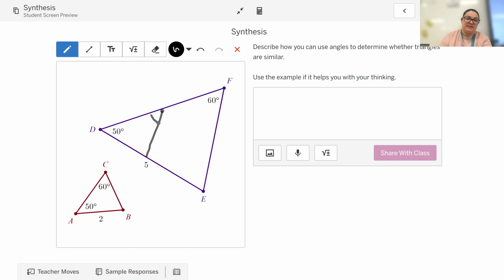This would become 60 degrees. It would show that that is the same measure. Because I only need two angle measures in a triangle to figure out the third, I would be able to figure out that this angle measure here is 70 degrees. And then I can dilate this small triangle to meet up with E and F.